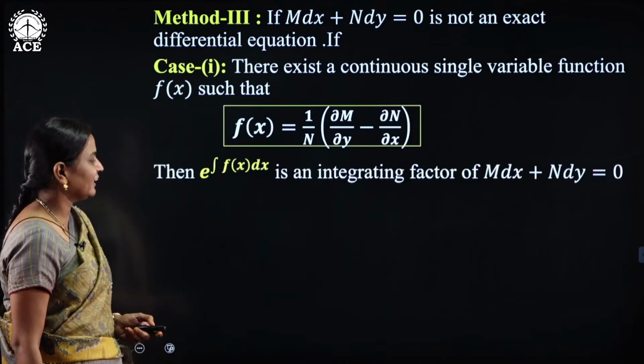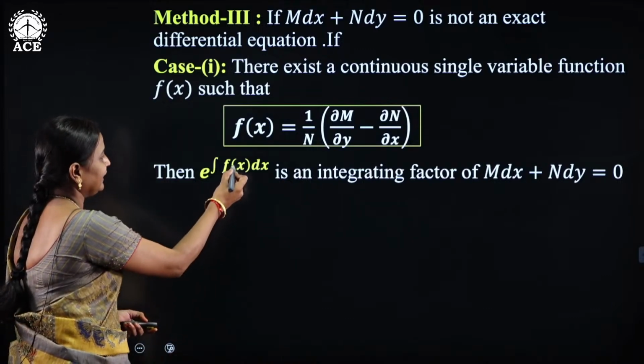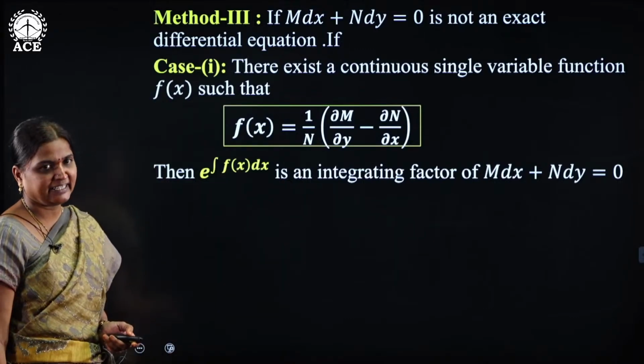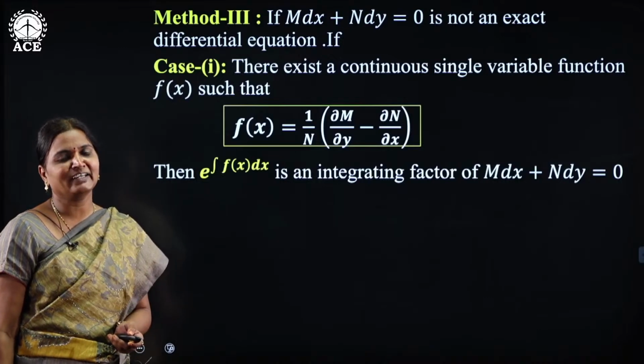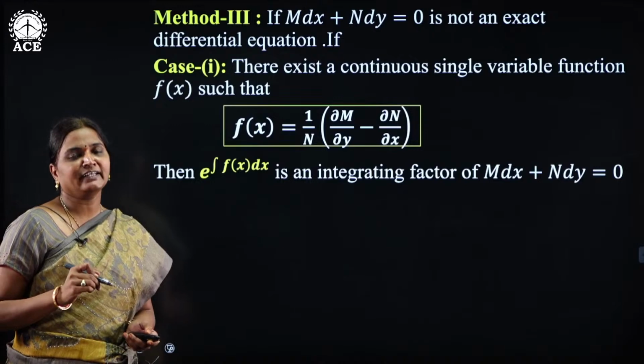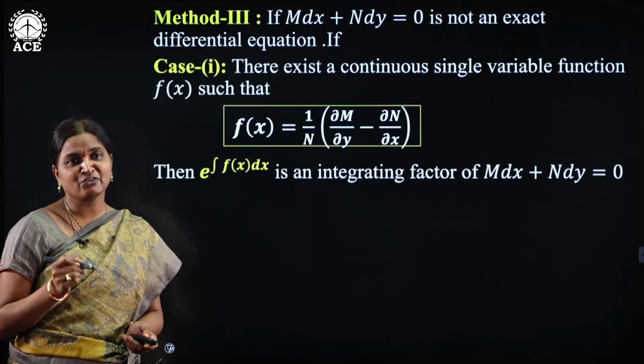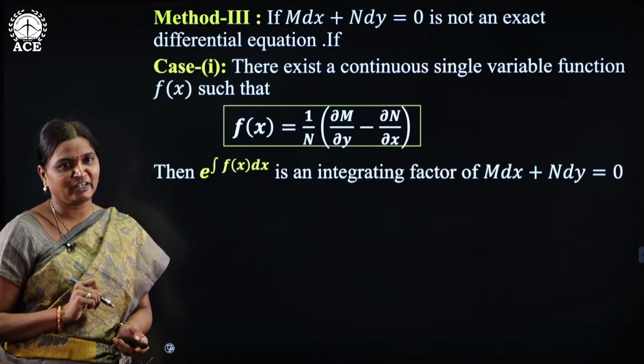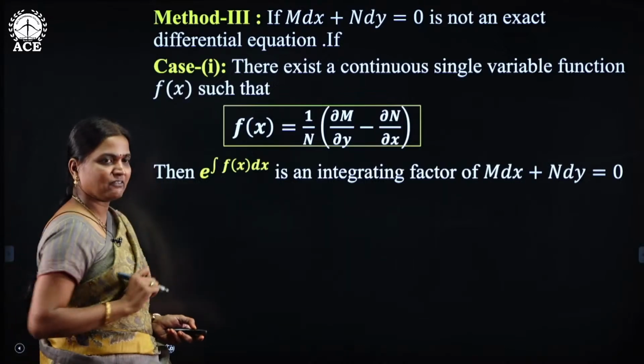Then e power integral f of x dx is an integrating factor of the given differential equation. So here what is the key point? Identify the nature of the given differential equation when it is not an exact differential equation. So this is the first case.